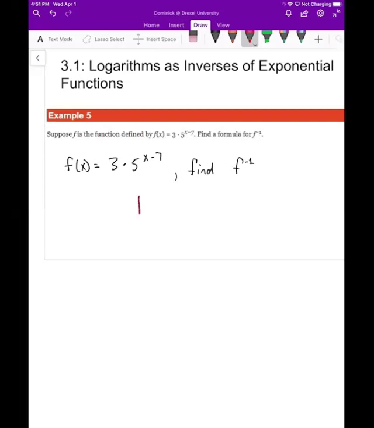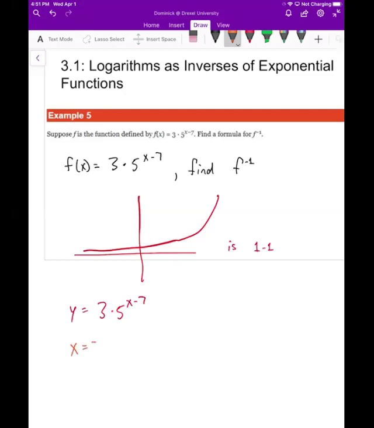If you graph it, you will get something like this, so it is 1-to-1. So first we replace f of x with y, then we switch x and y, and then we solve for y.